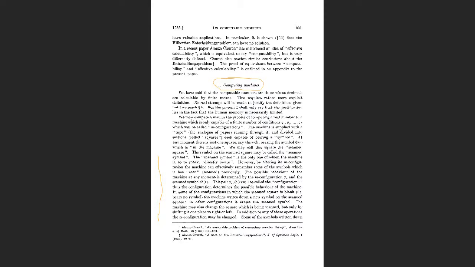We're talking about the states of the machine, those q's, the symbols of the machine, scanning the symbol. Again, all this stuff is taken from the paper tape machines of the time, but he's trying to set up the simplest version of it so that you can do the meta logic.